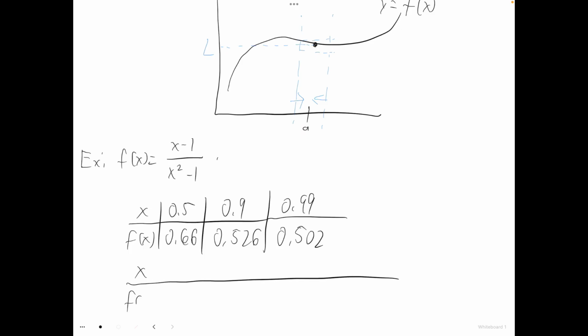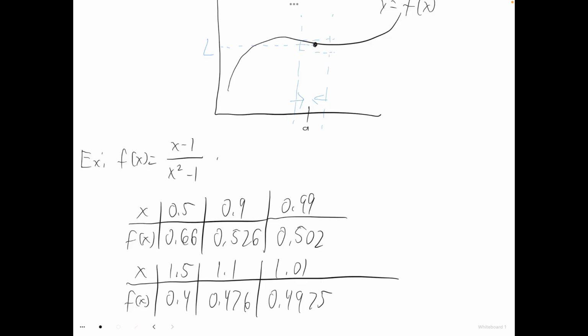The same thing happens if we look at it from the right. If we take 1.5 and plug it in, we get 0.4. If we plug in 1.1, we get 0.476. If we plug in 1.01, we get 0.4975.